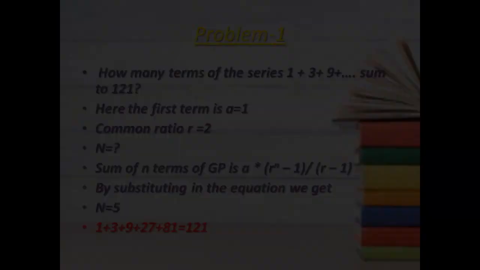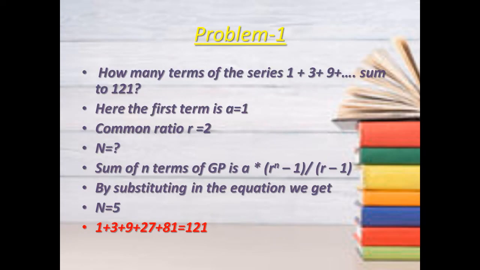We can solve a problem on it. How many terms of the series 1 plus 3 plus 9 plus and so on sum to 121? Here in the question itself they have given A is equal to 1 and the common ratio is 3. Here the first term is multiplied by 3, then we get 3, the second term is also multiplied by 3, then we get 9, and the third term is also multiplied by 3, then we get 27.